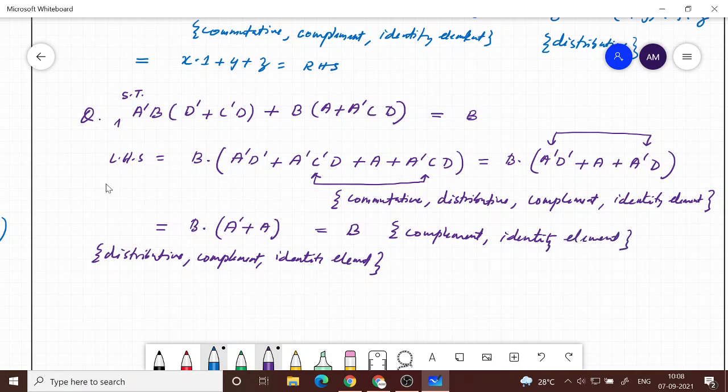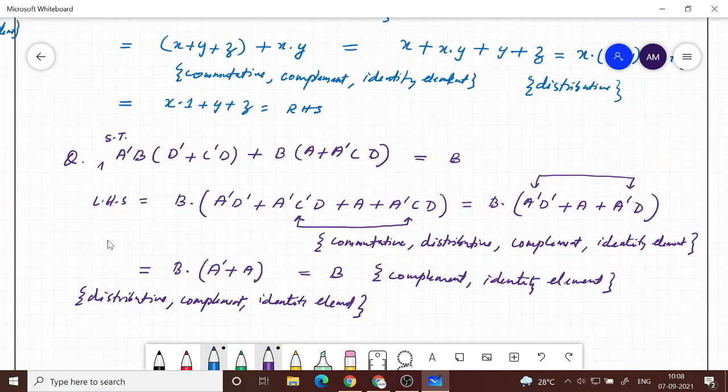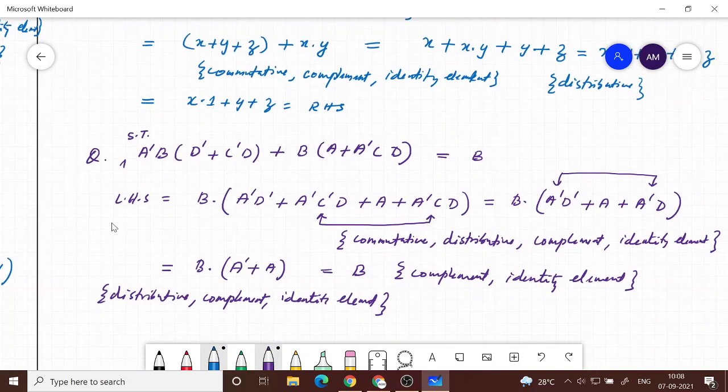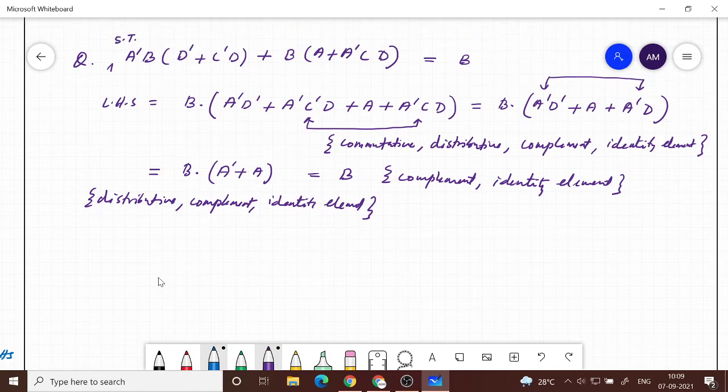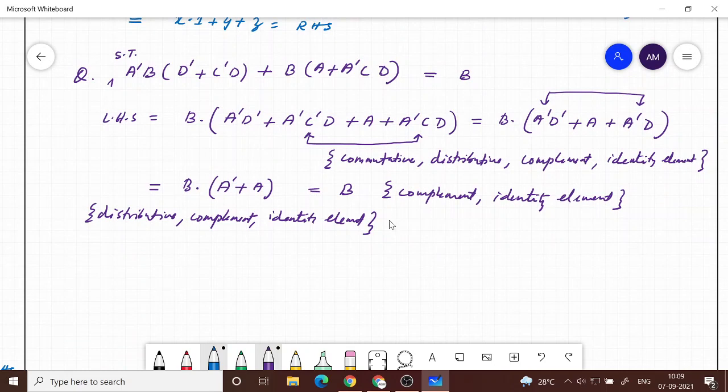Okay, so that's it. I would like to end this type of problem. Student: In exam perspective, should we write in this way, sir, or do we have to show each step? If you are able to do it, you can write it in this way also, because to save time you can adopt this.